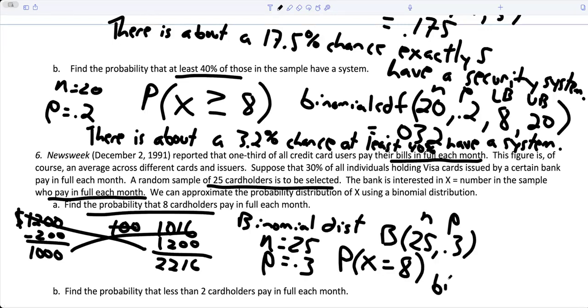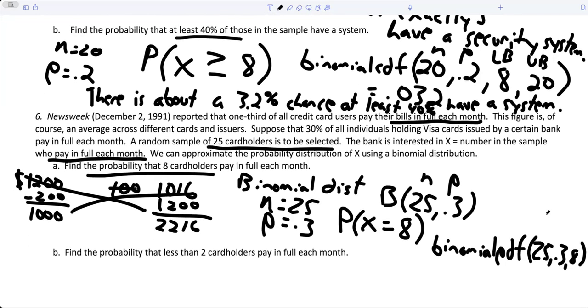So I'm going to go to binomial PDF of 25, comma 0.3, comma 8. If you put that in your calculator, you should get like 0.165. So the probability is about 16.5% that exactly 8 pay in full each month.